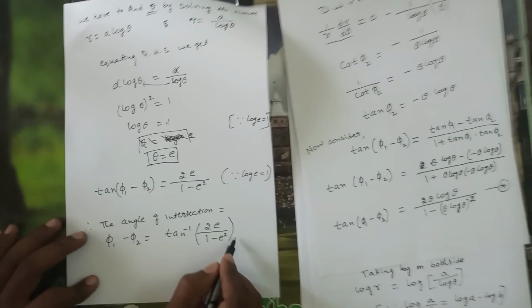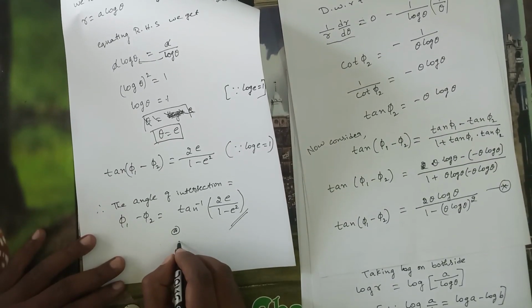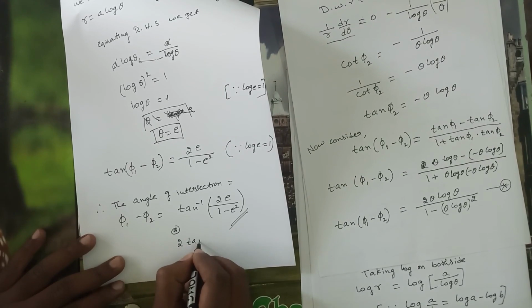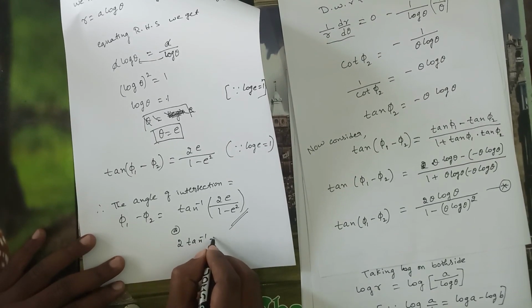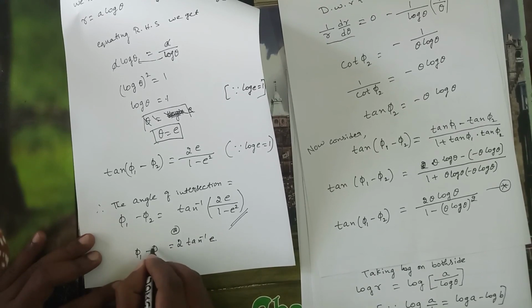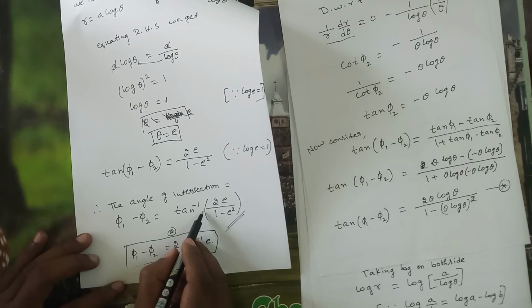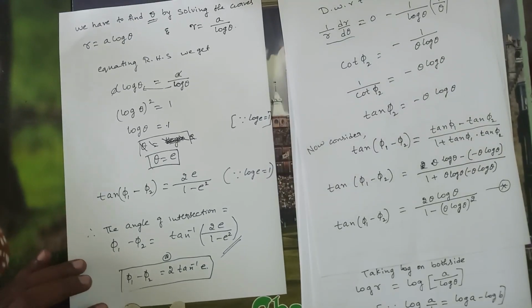So this is the required solution, or you can write this as 2 times tan inverse e also. If you simplify, you will get this also. No problem, if you write this also, it is no problem. Okay.